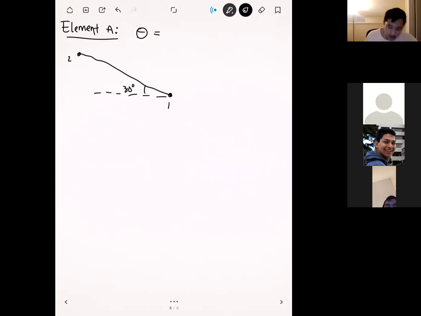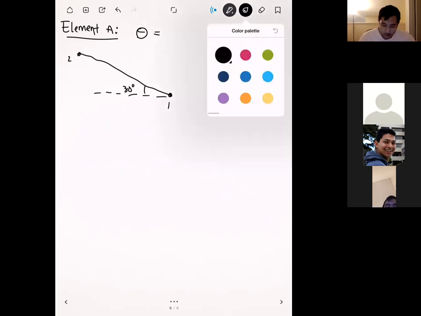We can see that it's rotated up and the rotation angle was 30 degrees. But when you write this angle, you have to write the angle assuming that there's an arrow that goes from the lower numbered node to the higher one.